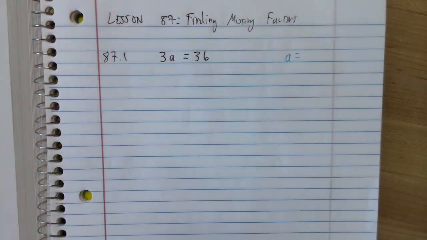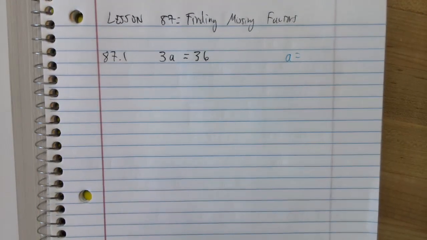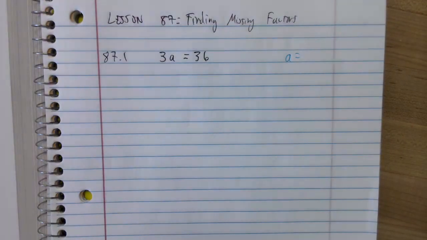They're opposites. Okay, so because 8 times 9 is 72, we can say 72 divided by 8 would be 9, or 72 divided by 9 would be 8.